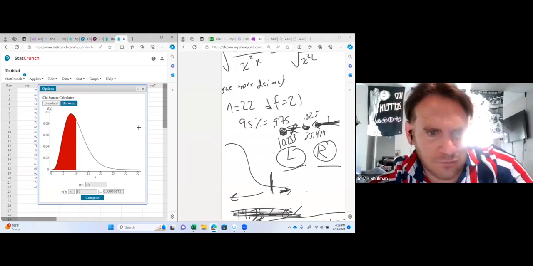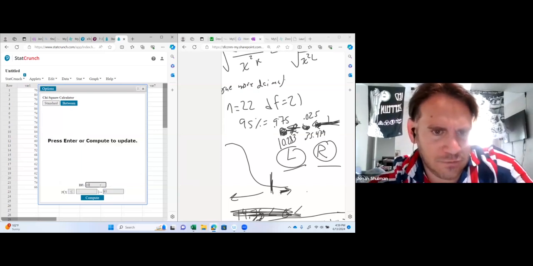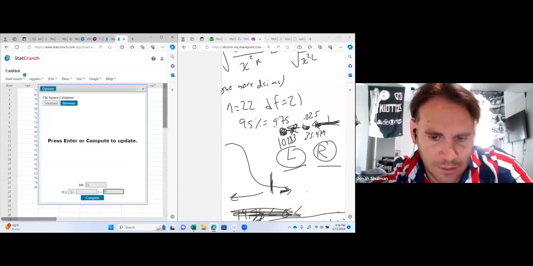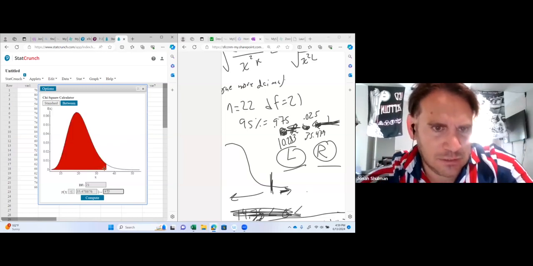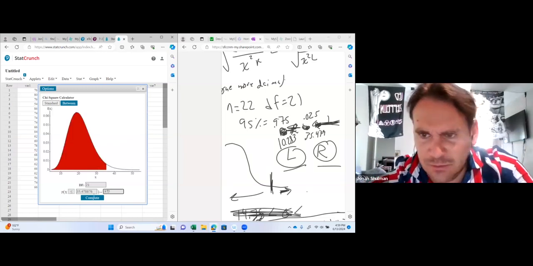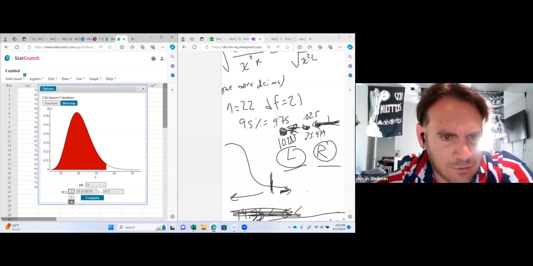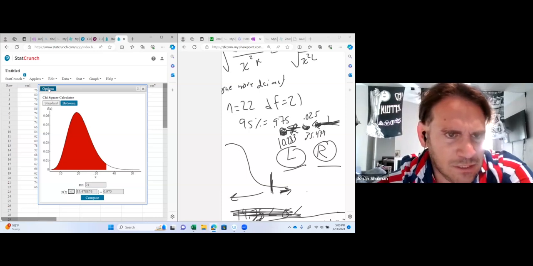Let's check this out. So we want a 95% confidence interval. And our degrees of freedom is 21. Sorry, 0.975. There's the 35. Oh, well, we can do it right there instead of the table. There's the 35, but it only goes to the left.